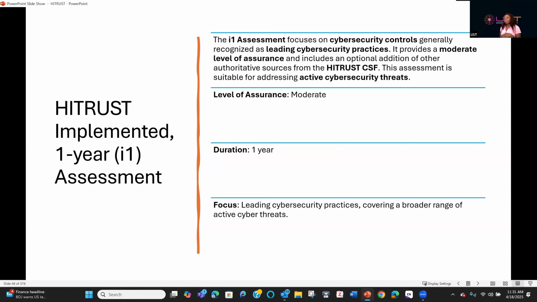If you have a system where the impact level is moderate, then you can choose to go with an I1 assessment type. But guess what? This can only last for 1 year, while R2 is a risk-based comprehensive approach that lasts for 2 years. There is a focus on leading cybersecurity practices covering a broader range of active cyber threats.